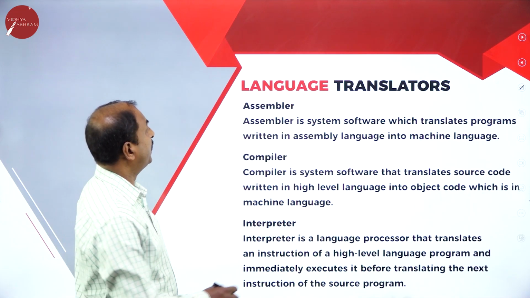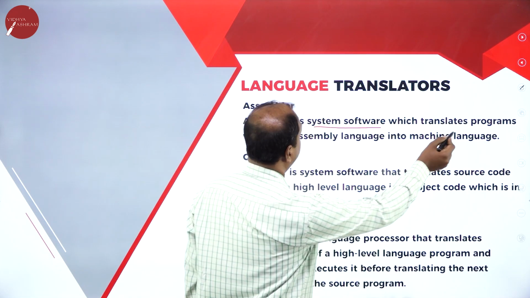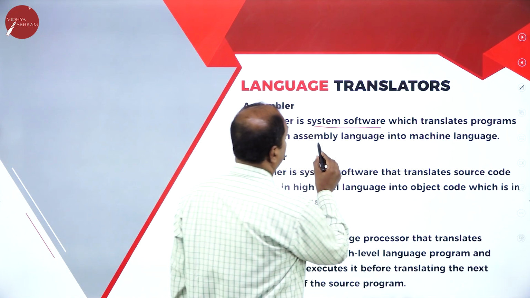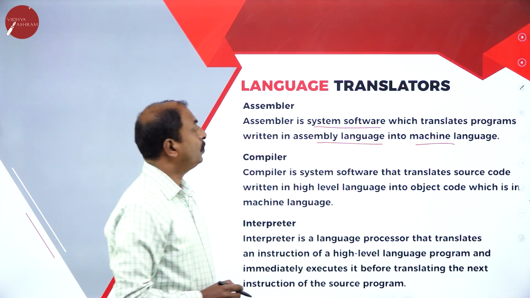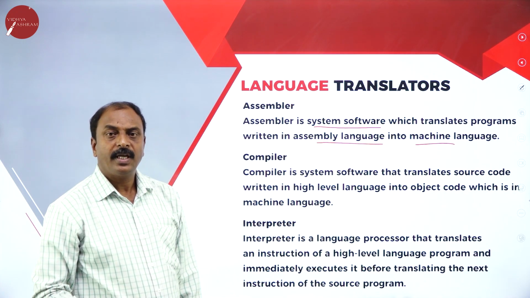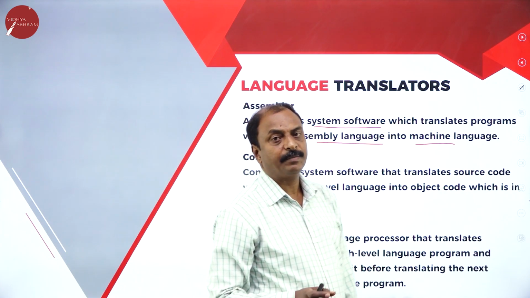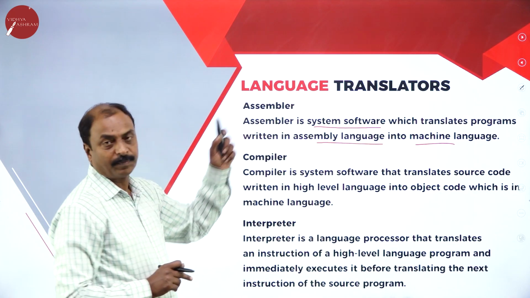Assembler. What is an assembler? It is a system software and it translates the programs written in assembly level language into machine level language. So an assembler is a type of translator used to convert programs written in assembly level language into machine level language.